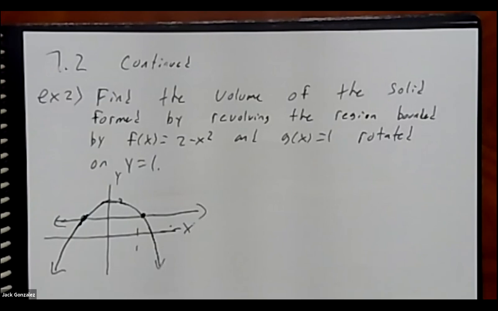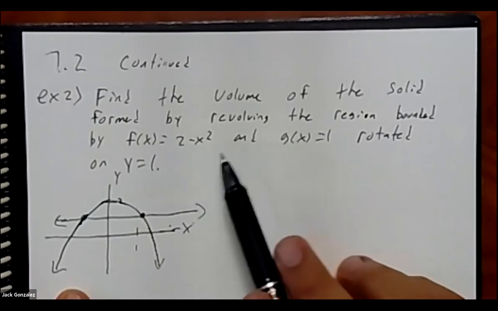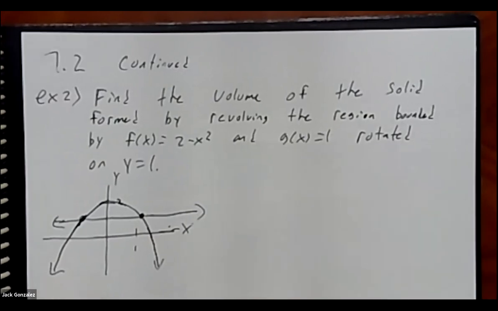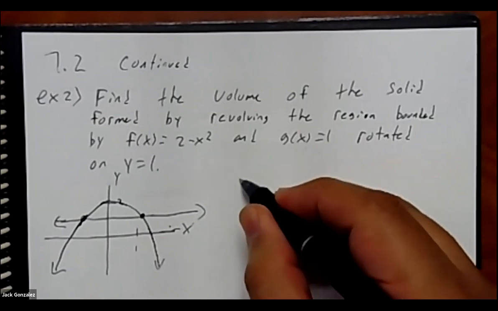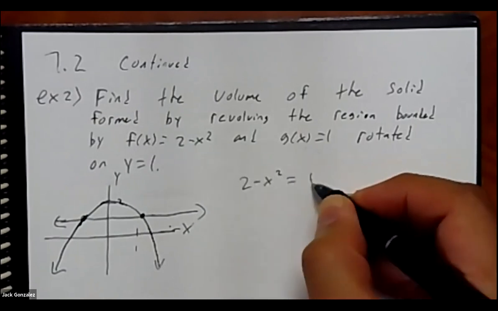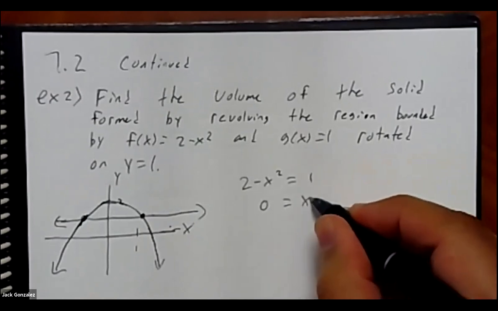So you can use decimals to find them, or you can use your algebra. Remember we said to find intersecting points, you set both functions equal to each other and solve for x. So intersecting points would be 2 minus x squared equal to 1. Set it to 0. I'm going to move everything to the left.